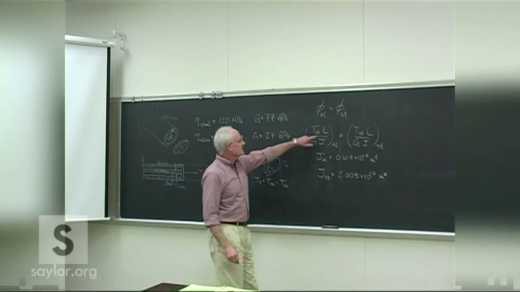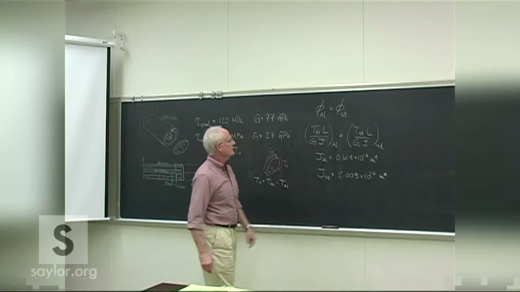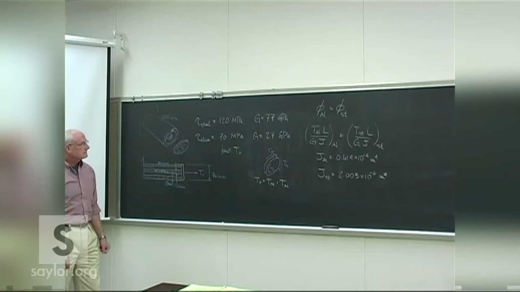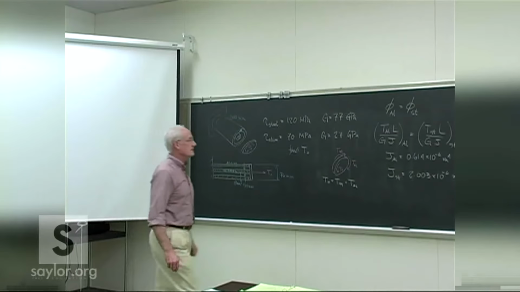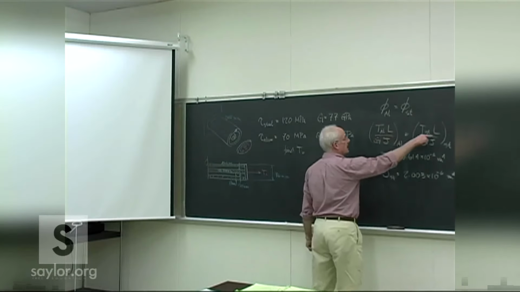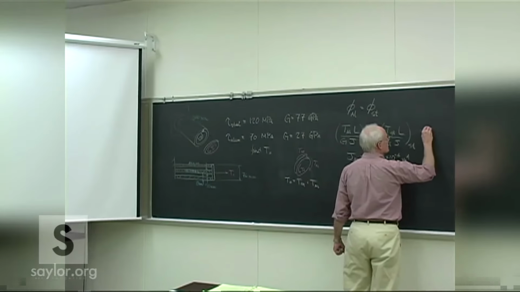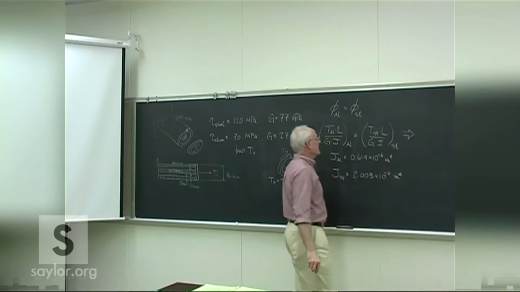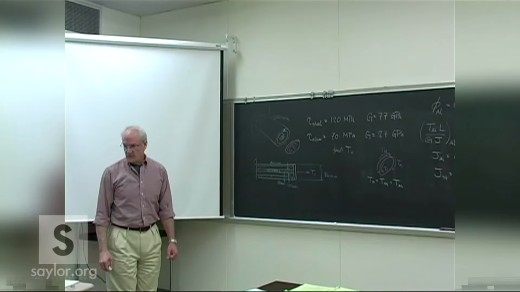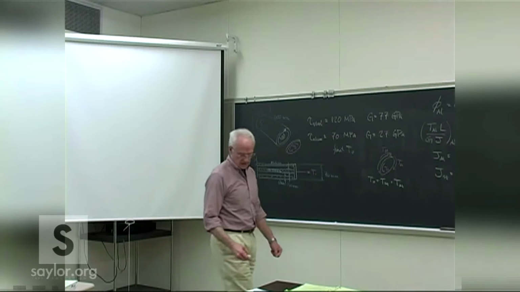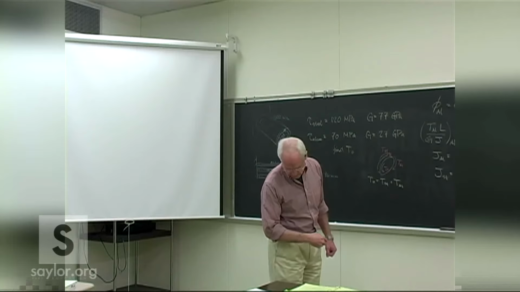All this stuff here is constants except for the two torsional loads that we're looking at. So those can all be calculated, and you can get this down to just a simple relationship between the two, a proportionality constant. That just slimlines things a little bit.